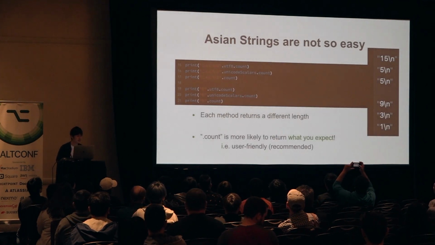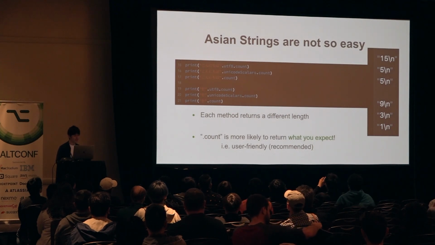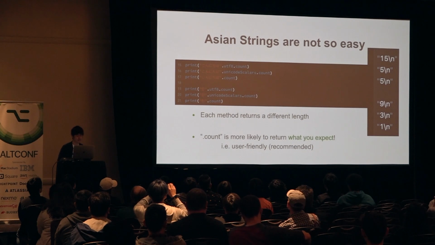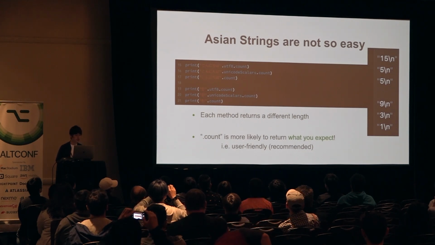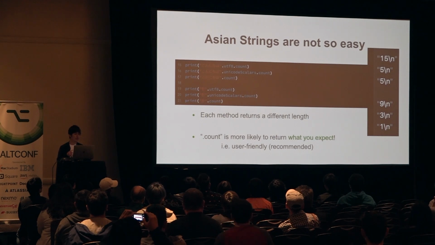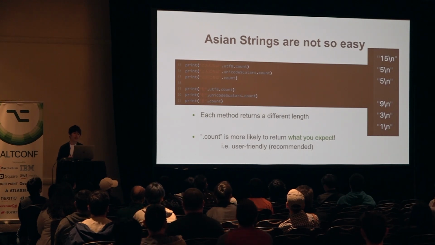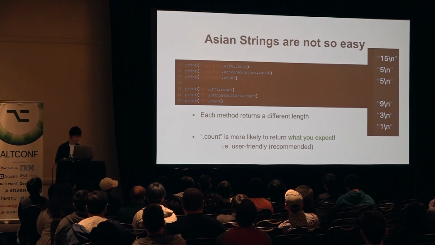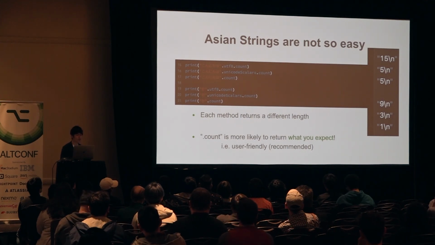But Asian strings are not so easy. Each counting method will return a different length. But what is clear is .count is more likely to return what we expect. That means user-friendly. So I recommend .count for most cases.